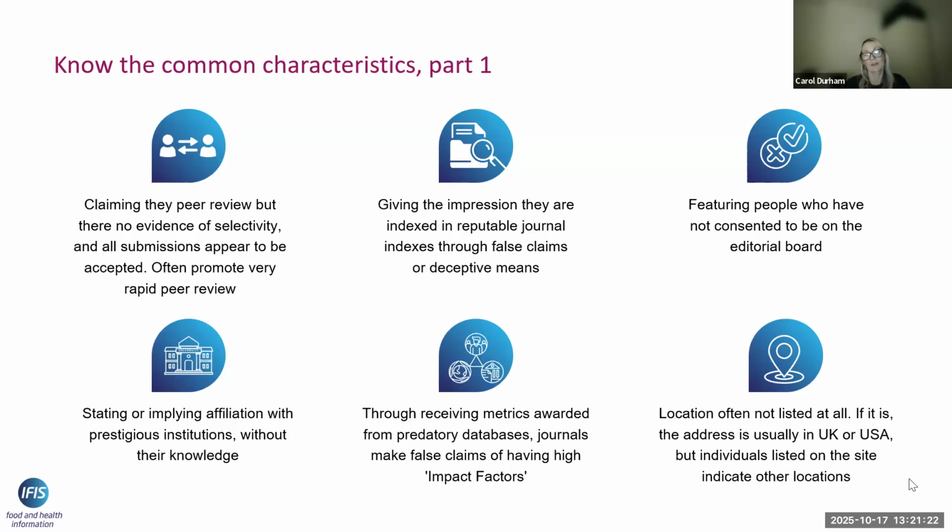And predatory journals often attempt to give the impression that they are indexed in the key journal indexes, Web of Science and Scopus, through outright false claims or deceptive means. And predatory databases share names very similar to the official mainstream sites. So there are predatory databases as well as predatory journals.